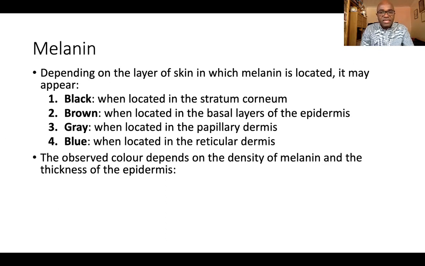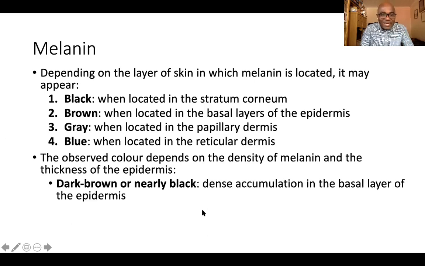Blue when it's located in the reticular dermis. So the deeper you go, it just appears blue. This is really important in how you're observing lesions, particularly blue nevus, because its melanin will look deep, as they are dermal nevi.